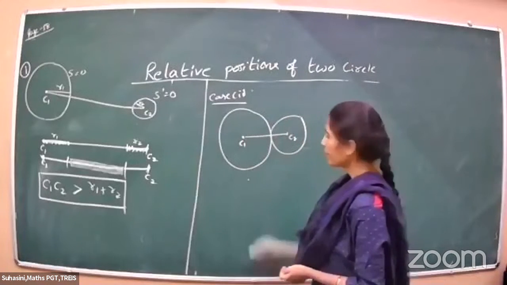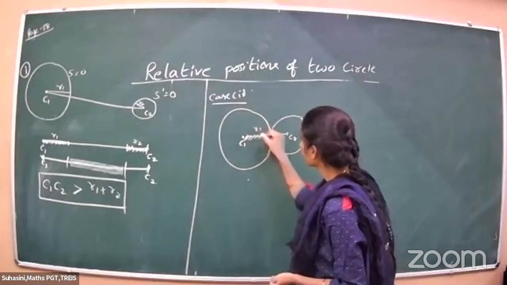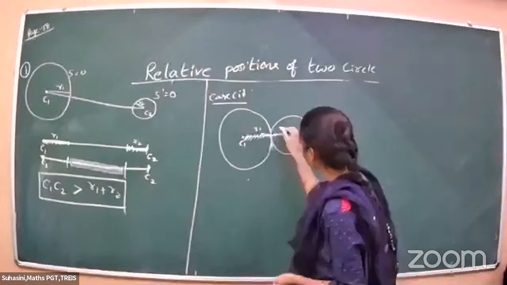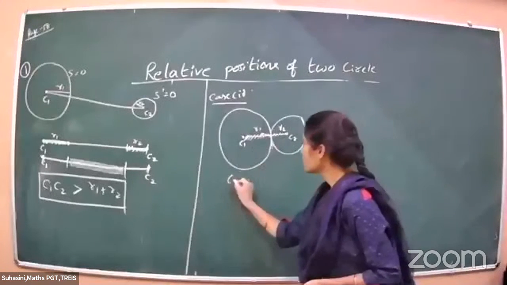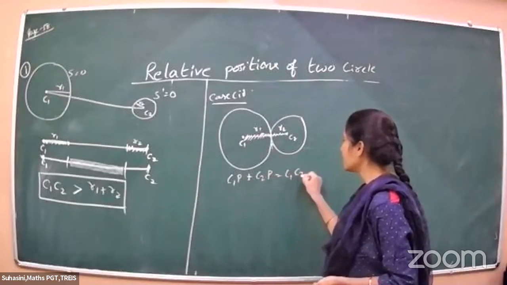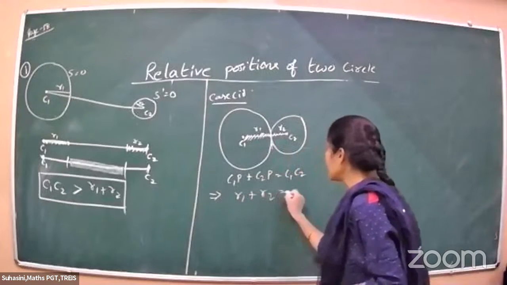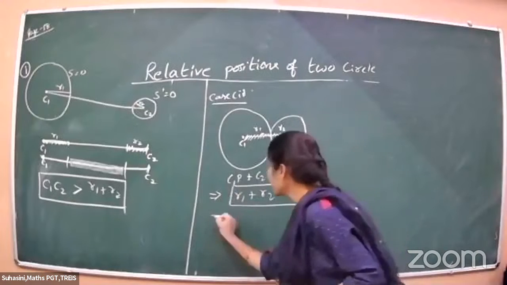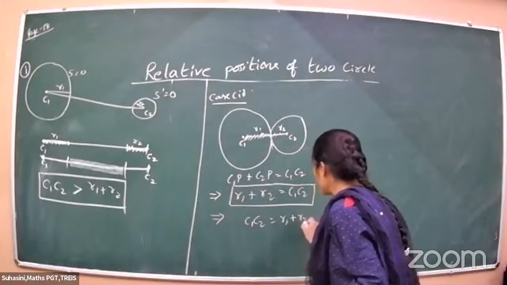From here to here it is R1, and from here to here it is R2. Suppose P is a common point. PC2 is R2 and PC1 is R1. So C1P plus C2P equals C1C2, which implies R1 plus R2 equals C1C2.